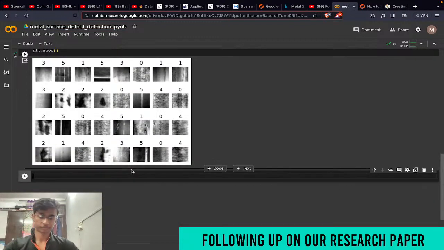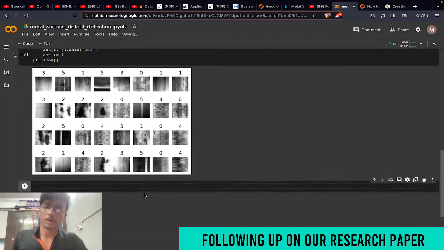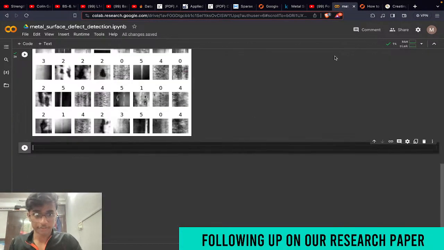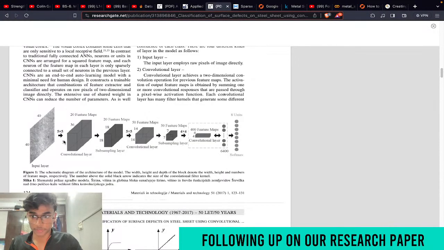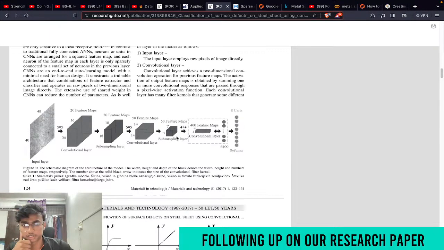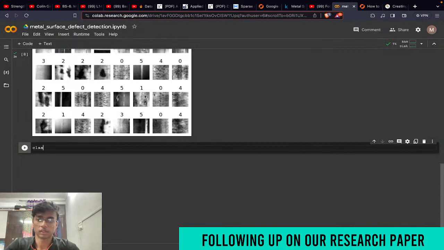So what we are gonna do is make this same model here. We have resized our images into 40 by 42. We also have a single layer because of the grayscale images. Now we need to use a 5 by 5 kernel, then max pooling. I think I read the paper correctly. They use max pooling and all of this stuff. So let's just quickly make this class model.